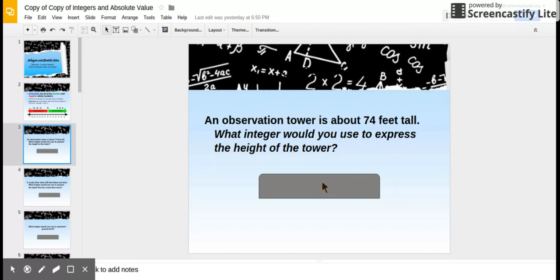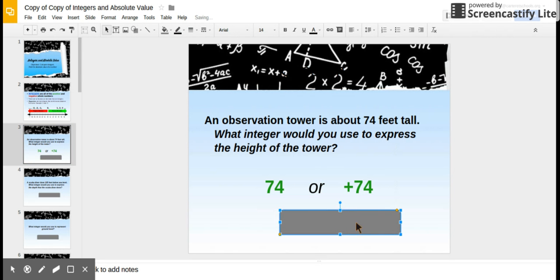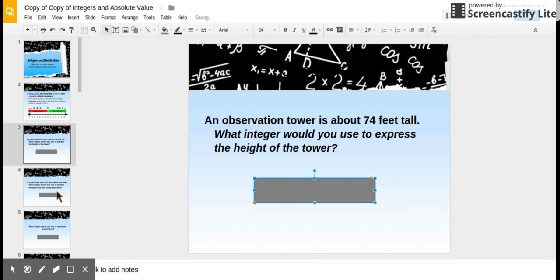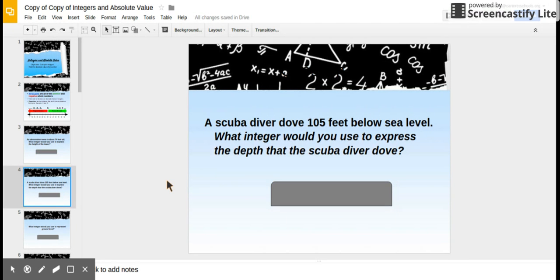Okay, an observation tower is about 74 feet tall. What integer would you use to express the height of the tower? So if it's 74 feet tall, you would use a positive 74 or just 74 because they're both the same. All right, a scuba diver dove 105 feet below sea level. What integer would you use to express the depth that the scuba diver dove?